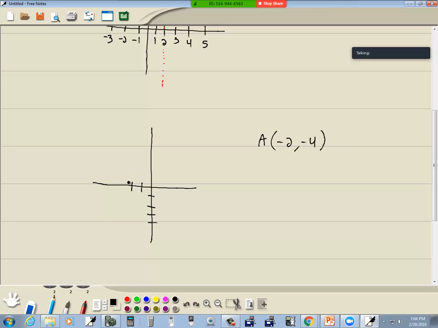Well, I'll go to where x is equal to -2, because remember this is our x part, and this is our y part. So here's x equals -2, and I'll go to where y is -4, which is right down here. And where they would intersect, if I drew lines, would be right there. So that'd be our point -2, -4. And you put a letter by it if you're using this notation.